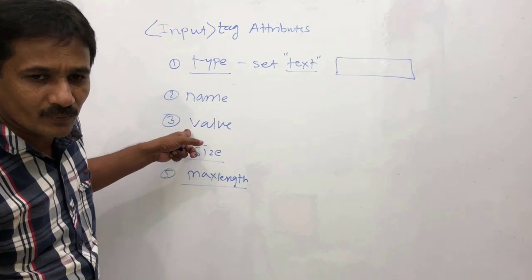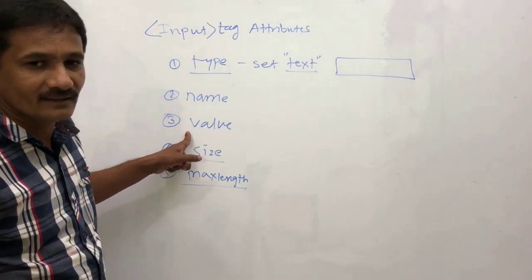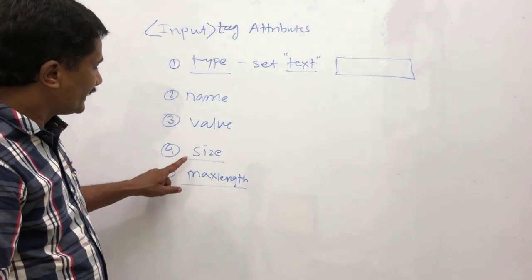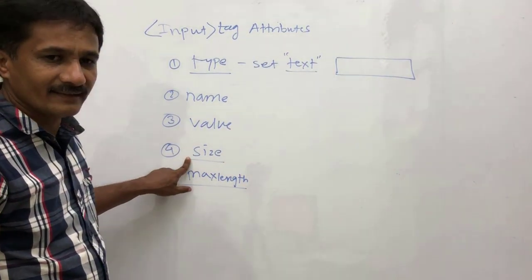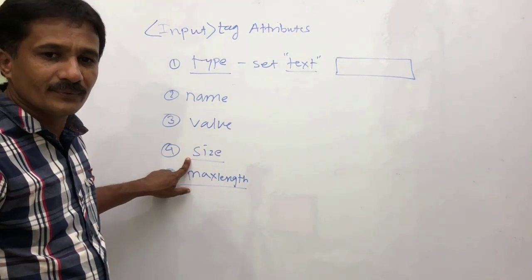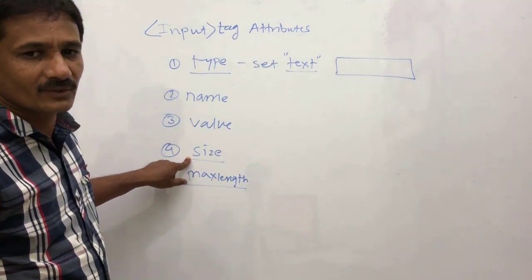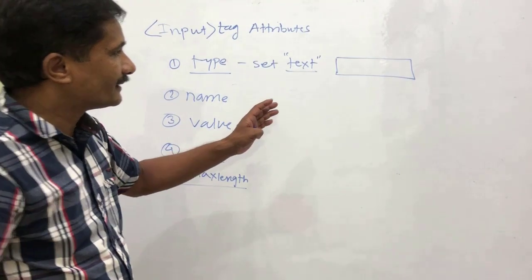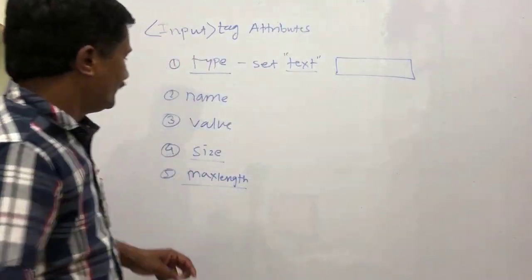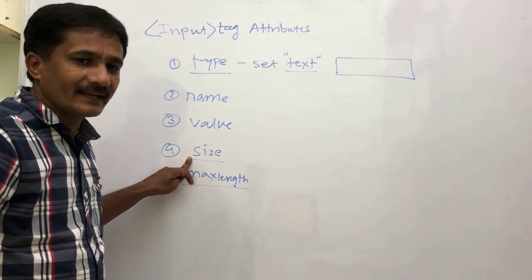This can be used to provide the initial value inside the control. Next is the size attribute. With size, you can specify the width of the text input control in terms of characters. You can decide the width of the text field by using the size attribute.